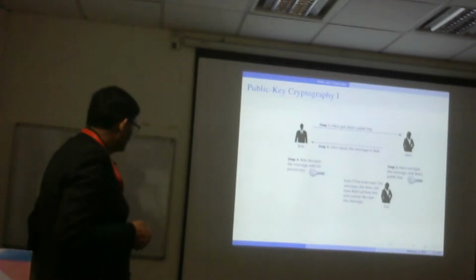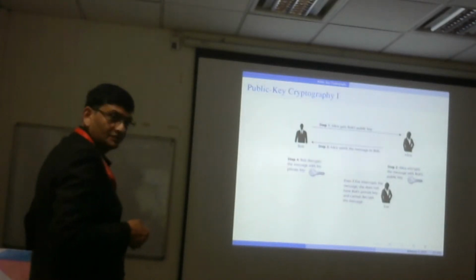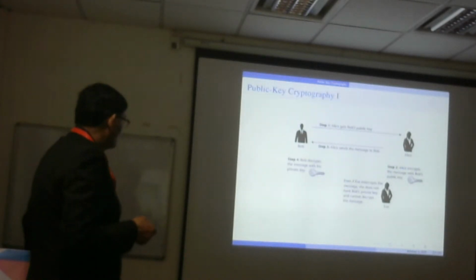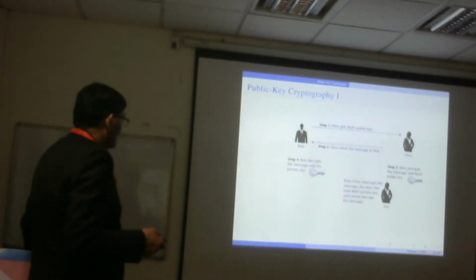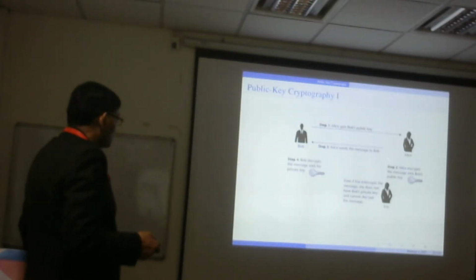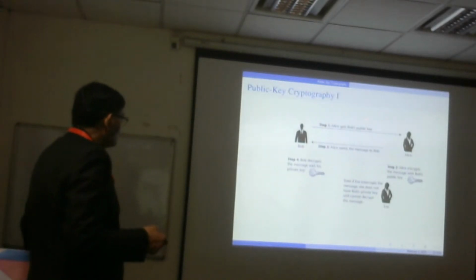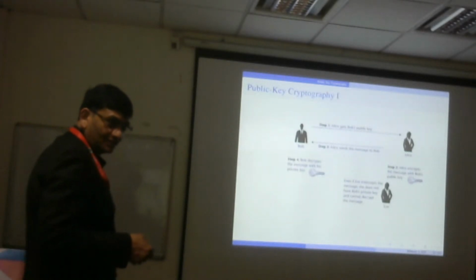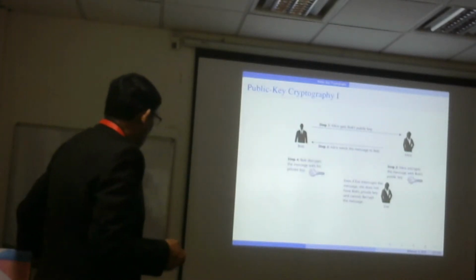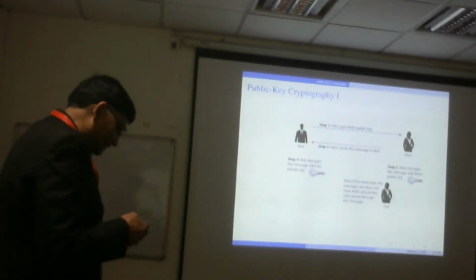So if you want to send a message to Alice, Alice will have her own public key and private key. Suppose Bob wants to send some message, so Bob will use the public key of Alice, and Alice will decrypt the message using her own private key. Okay.